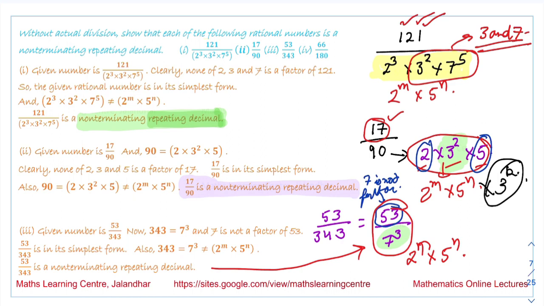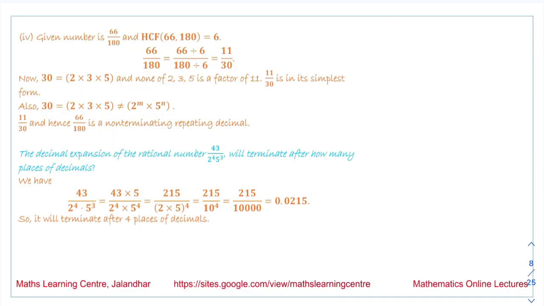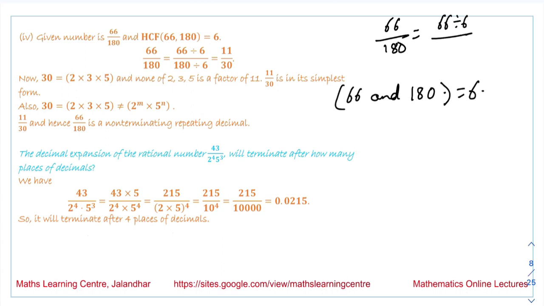Next is the number 66 by 180. If we look at this number, we are talking about the HCF of 66 and 180. If we calculate the HCF of these two numbers, it is 6. We find the factors of these two numbers and see that the HCF is 6, so we can divide both numbers by 6 to find the simplest form.